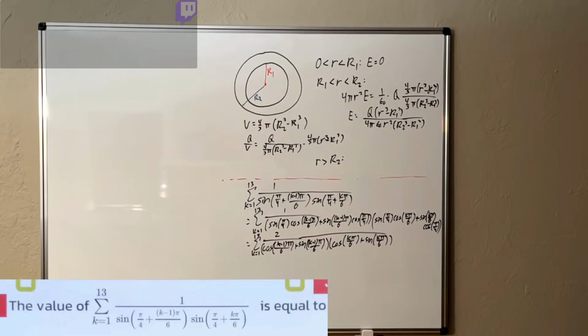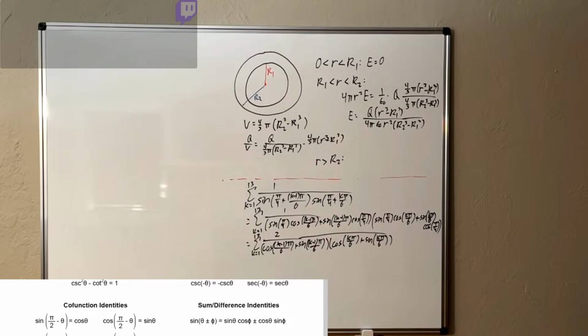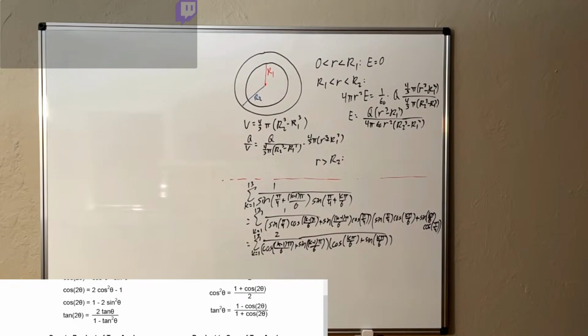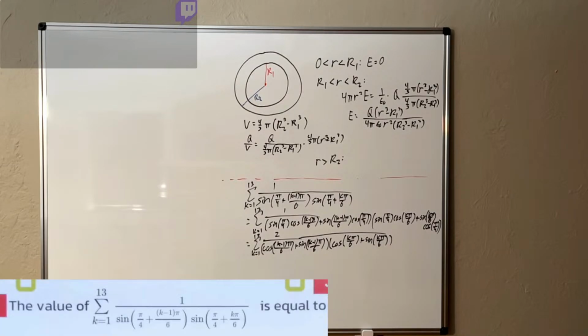Let me try my product to sum formula. Cosine theta minus phi minus cosine theta plus phi.